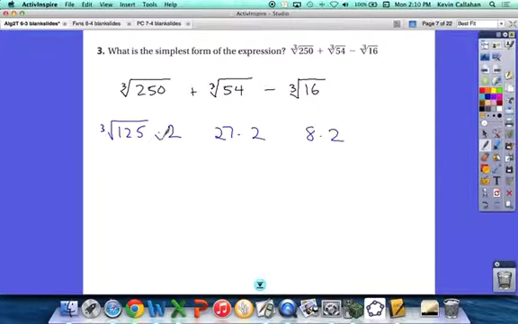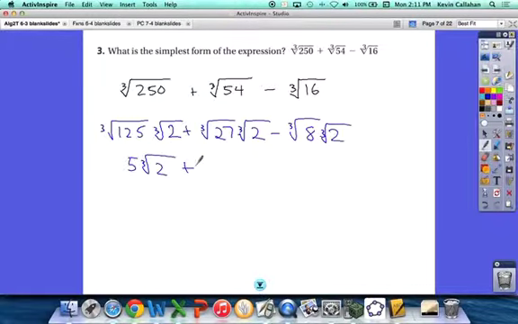So we have the third root of 125 times the third root of 2 plus the third root of 54 times the third root of 2 minus the third root of 8 times the third root of 2. So that is 5 times the third root of 2 plus 3 times the third root of 2 minus 2 times the third root of 2.